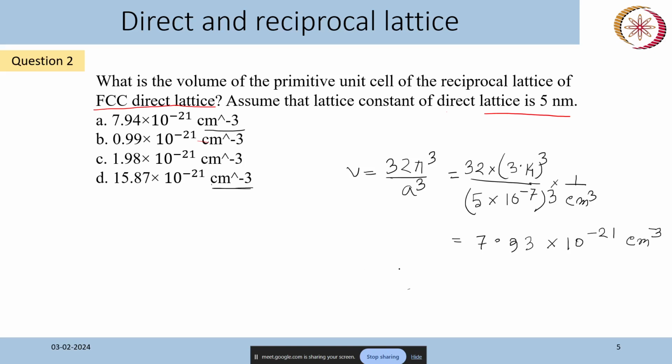Everybody got the answer and the steps are clear? Okay, I hope there is no confusion. So if any kind of lattice is given, even not FCC or BCC, any random lattice also, you can get the reciprocal lattice vectors and volume of the reciprocal lattice using these tips. Okay.